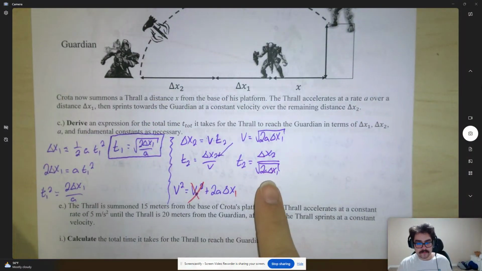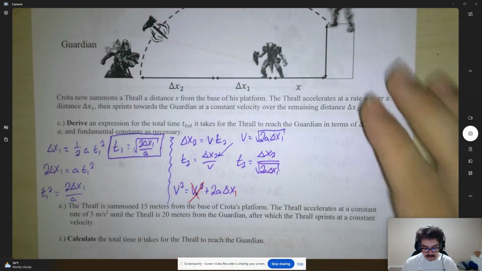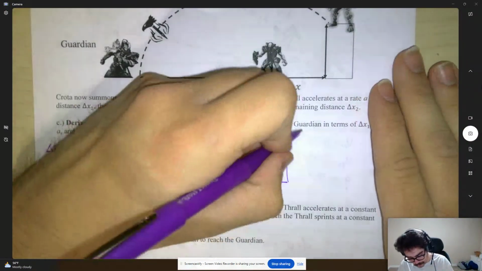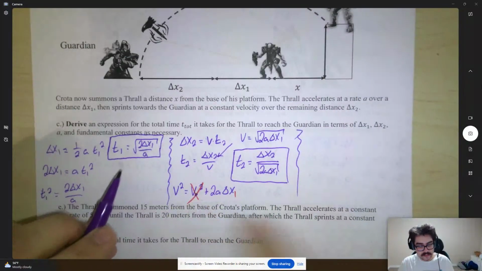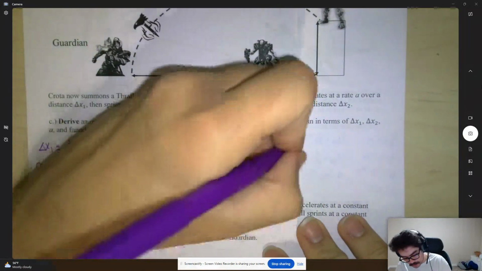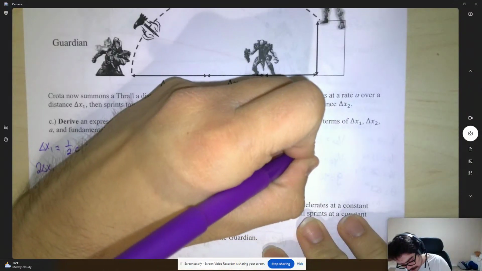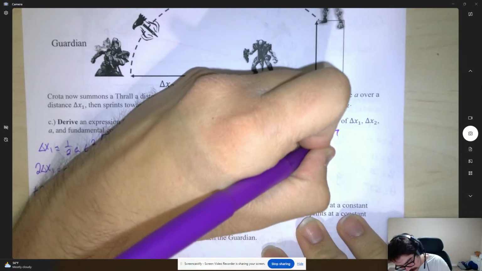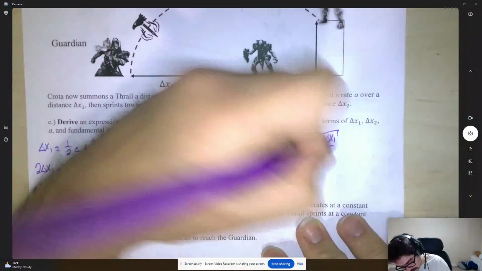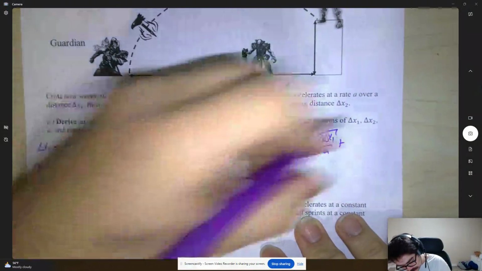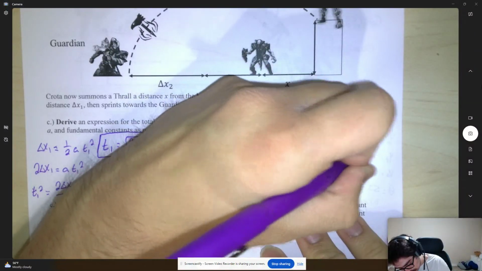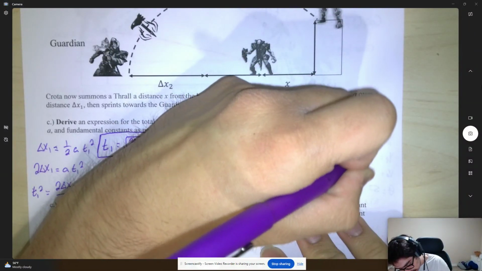Then all you have to do is add both of these together. Adding t1 plus t2, I get t total, which is root 2 delta x1 over a plus delta x2 over root 2a delta x1.